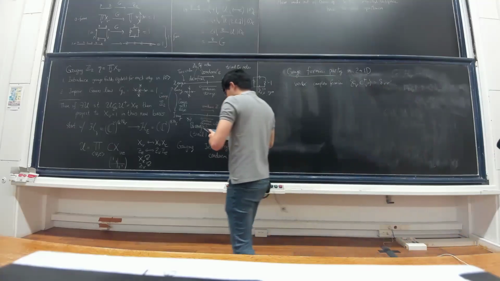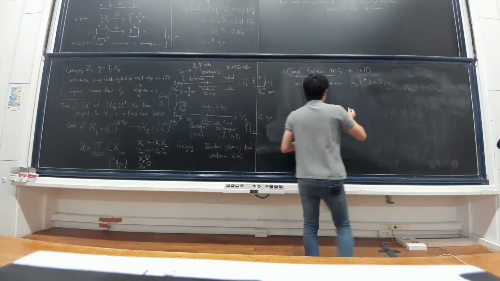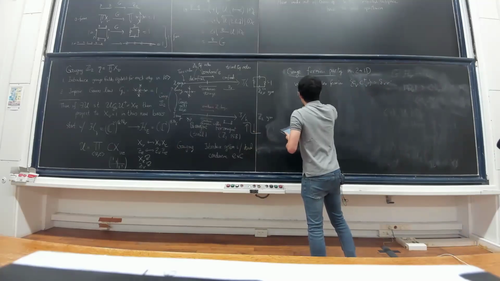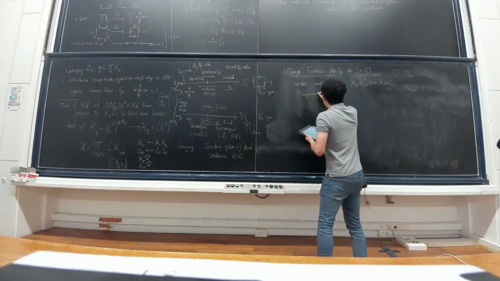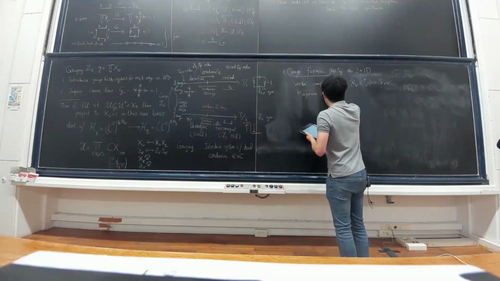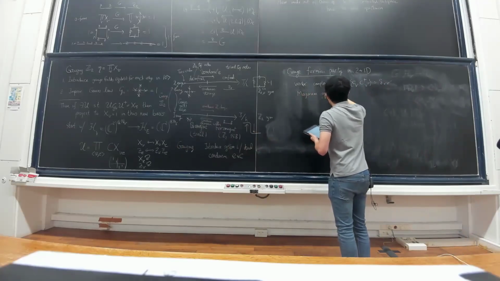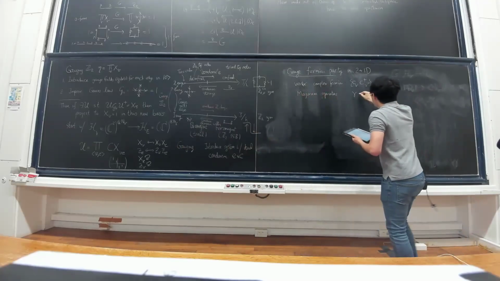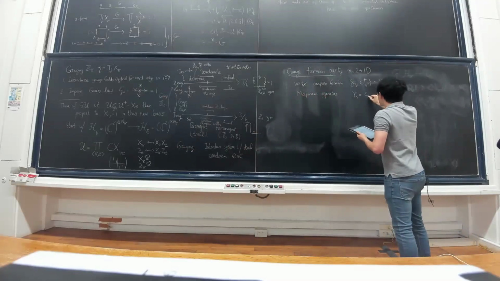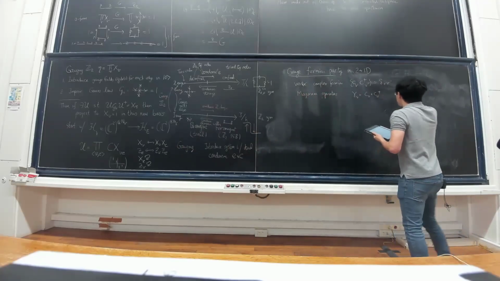And for this, it'll be useful to define my Majorana operators. They're real fermions, called gamma. And there are 2 of them.